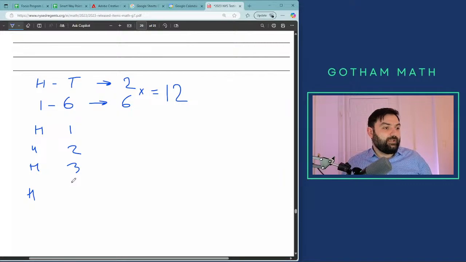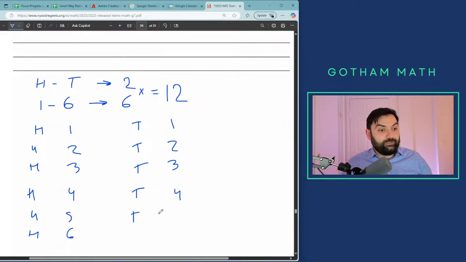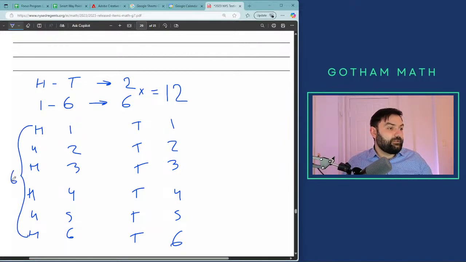Heads and 4, heads and 5, heads and 6, and tails and 1, tails and 2, tails and 3, tails and 4, tails and 5, tails and 6. Obviously, 6 here, 6 here, 12 in total.